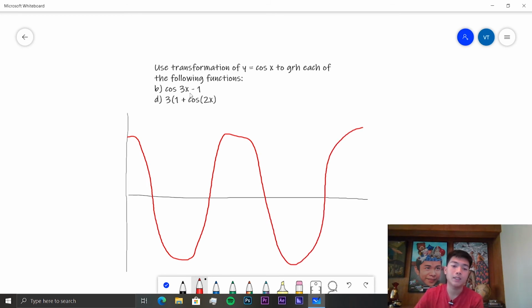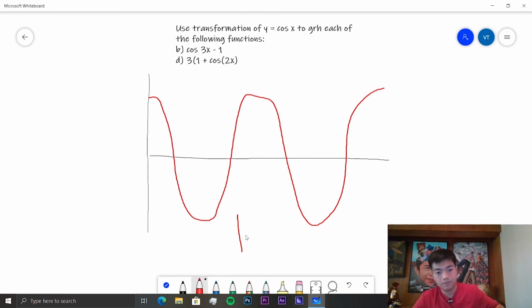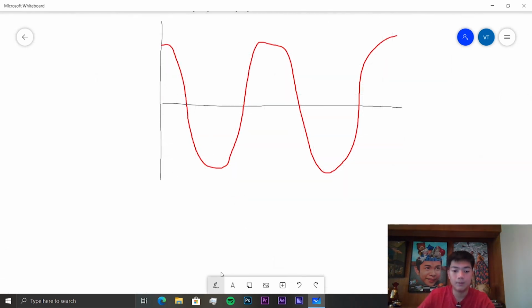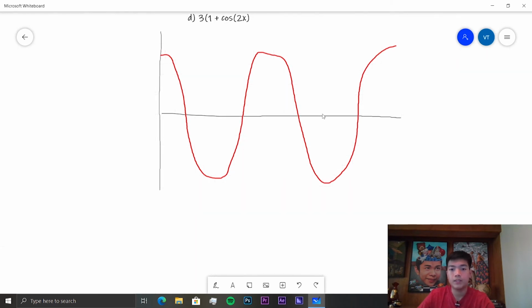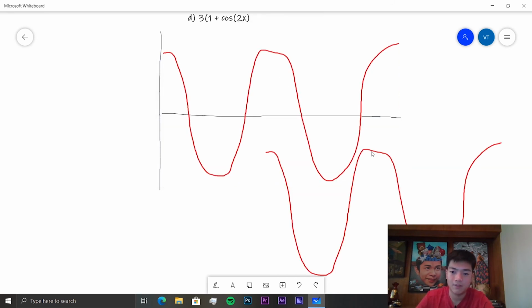So if we're compressing it by a factor of 3, and then we're also subtracting 1, that means we have a downward translation of 1 unit. Let's think. So if it repeats there, it repeats here. Actually, let's just copy this graph.